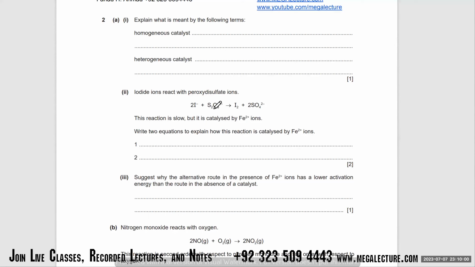So basically what a catalyst will do, and this one is an example of a homogeneous catalyst, is provide an alternate path, or take a completely different route as long as you get the same products. These two are very hard to actually bring together, right? They're both negatively charged. So they add Fe2+ ions, for example, as catalysts.